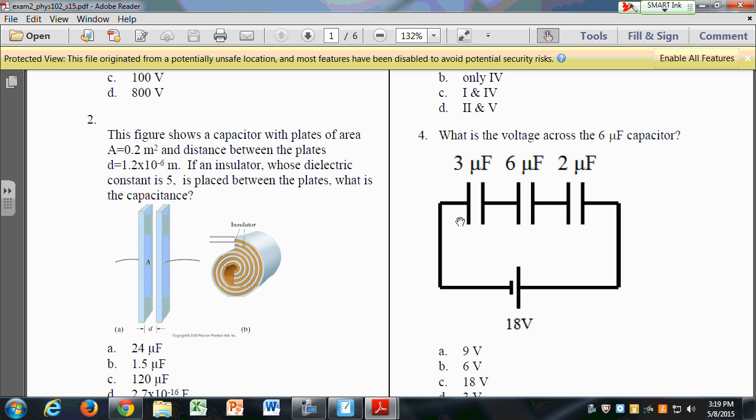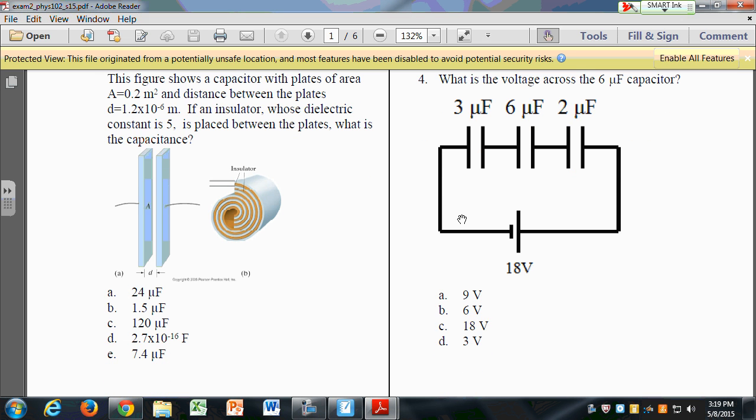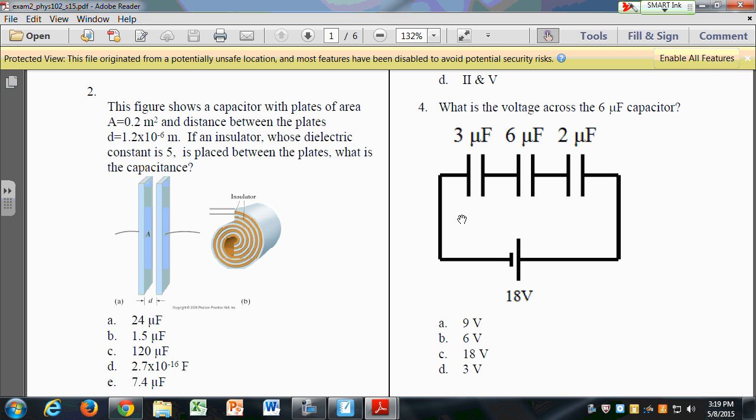It might be useful to go back and look at some of the other old exams, because it'll give you a different variety of circuits. If you know your circuits well, you should just be able to look at them and tell me what the answer is. Otherwise, take a little extra time and write out our various ways to do this.